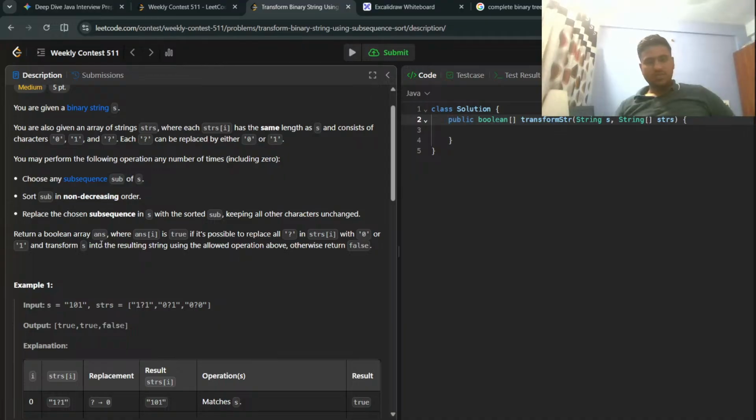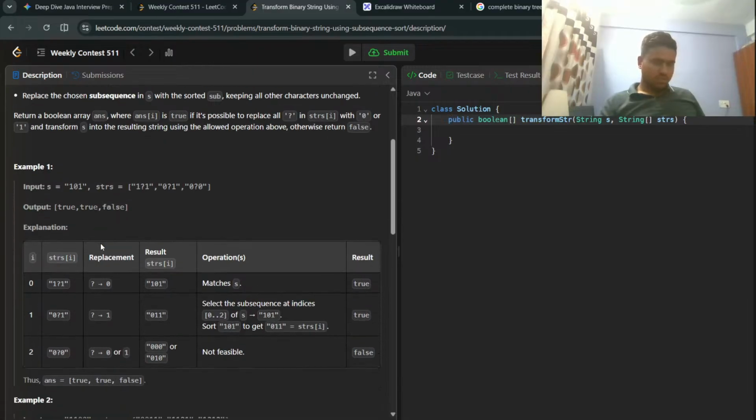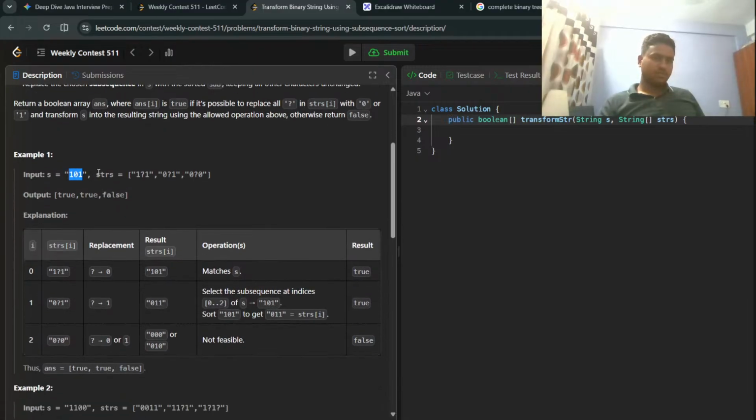Return a Boolean array answer where answer[i] is true if it is possible to replace all question marks in the strings with zeros or ones and transform S into the resulting string using the allowed operation. So let's check it. We have a string 101. For 0, we can do our replacement of 0, then we get 101.